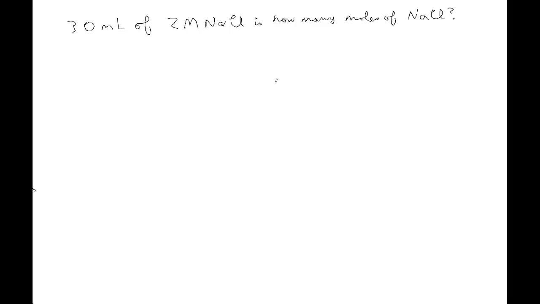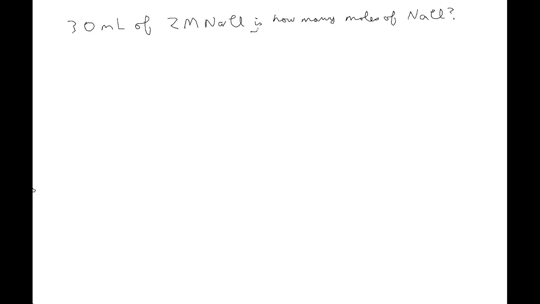So 2 molar is equal to x moles over 0.030 liters. We can cross multiply and we get moles is equal to 2 times 0.03, and that's 0.06 moles NaCl.